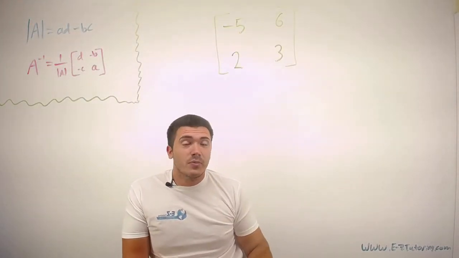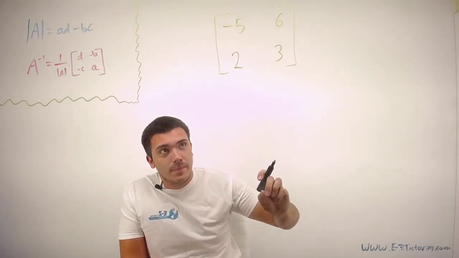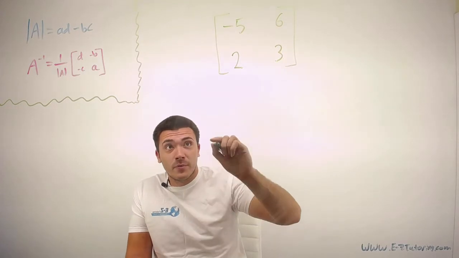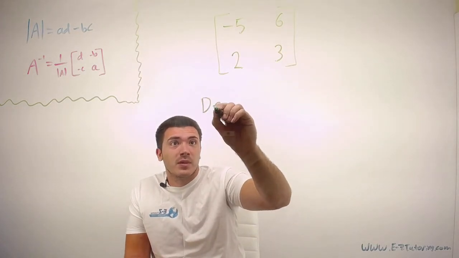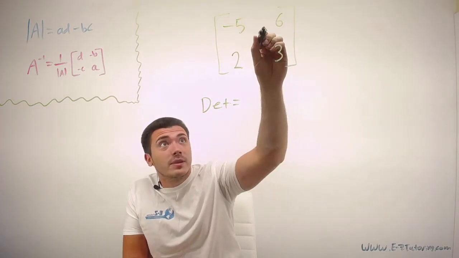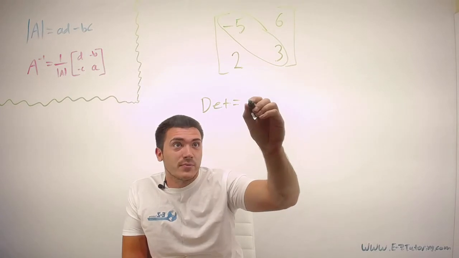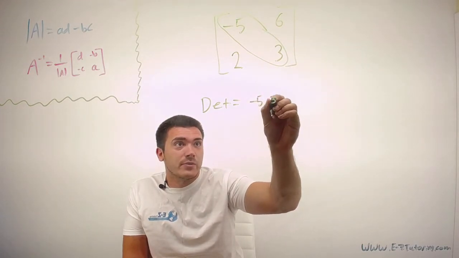Okay, so now suppose that we have a matrix with -5, 6, 2, and 3. Now we want to find the determinant of this matrix. So if you guys remember, we simply take the first diagonal, right? We take this diagonal right here, which is -5 times 3.